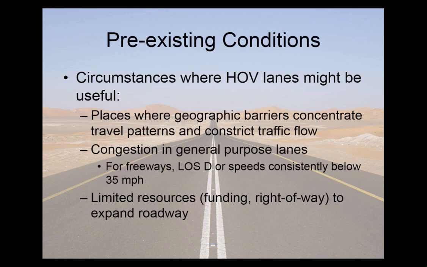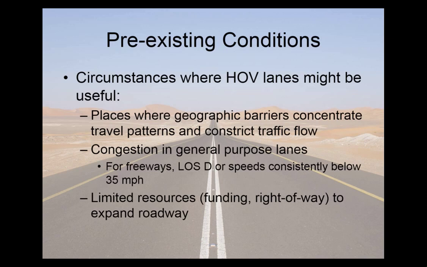Also, HOV lanes might be useful when there is congestion in the general purpose lanes. The guidelines for just when an arterial is congested enough for this really don't exist in literature, but for freeways, level of service speeds consistently below 35 miles per hour are regarded as good conditions for possibly adding HOV lanes.